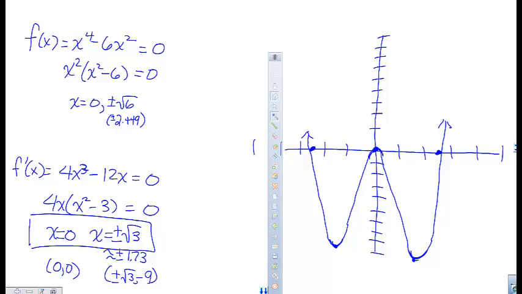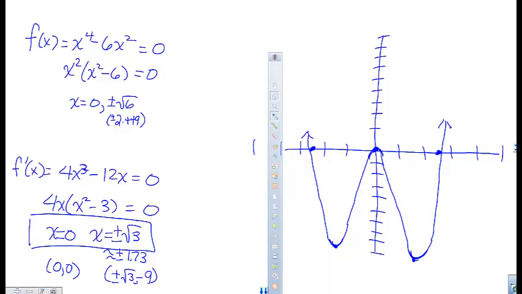Remember talking about when the graph was going to touch the axis versus cross it in Math 110? It's been a while since I taught Math 110, but I'm pretty certain you all should have talked about those things. If the zero had an odd multiplicity, it would cross the graph. I think that's what I recall.